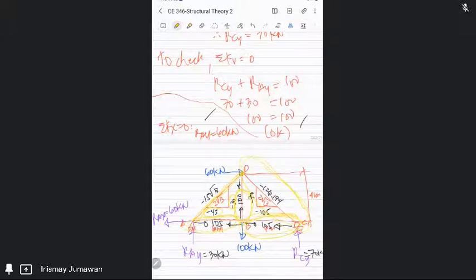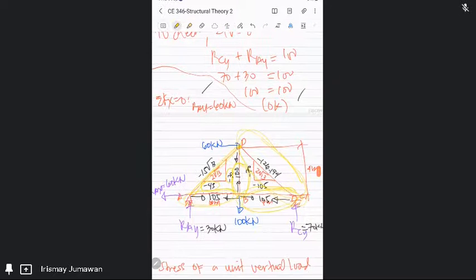Negative 70, sorry. I had the wrong view. Let me redo it. The Y component of member AD is 30.